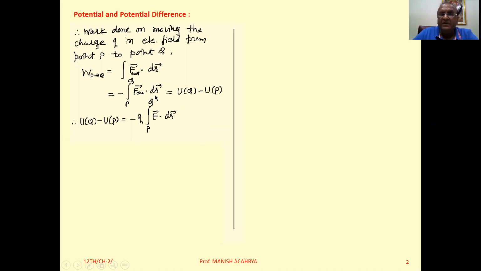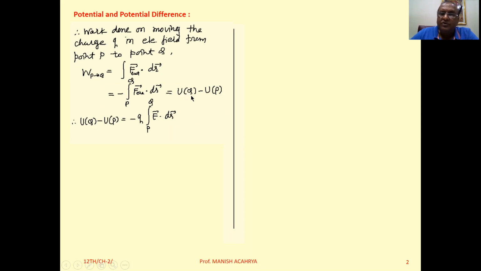Now, this work done will be stored in the form of potential energy. So we can write here the change in potential energy is equal to work done.